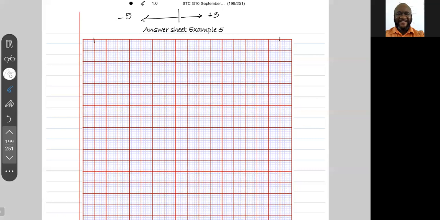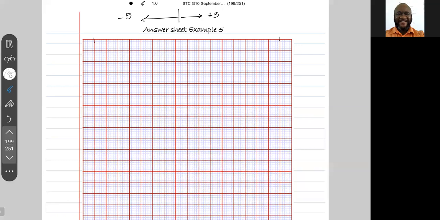On the left, I have 5 units and I need 2 centimeters for every unit, so I need a total of 10 centimeters to the left.